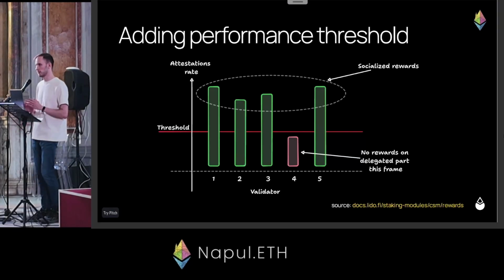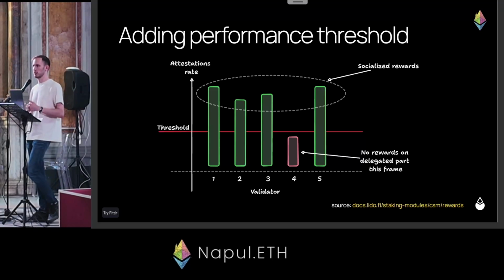For example, if I run multiple validators with really good performance, but imagine that there are multiple validators that just went offline after their creation. Why should the protocol share part of the rewards with these validators as well? It shouldn't be the case, right? And that's why in CSM there is a notion of a performance threshold.